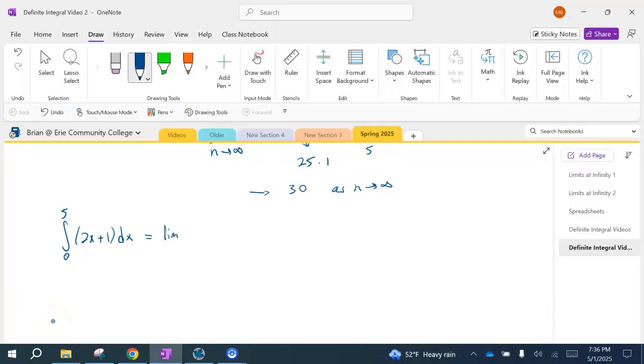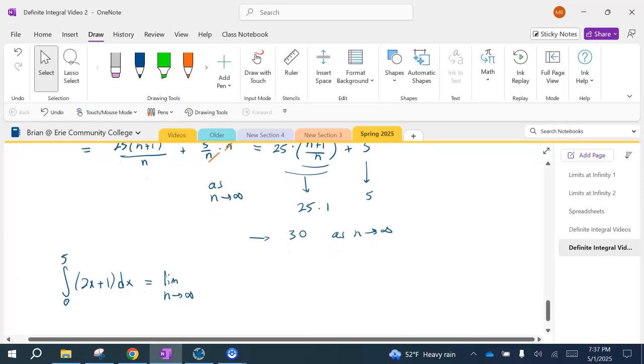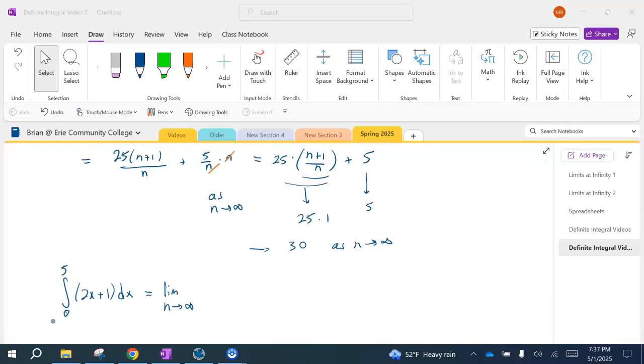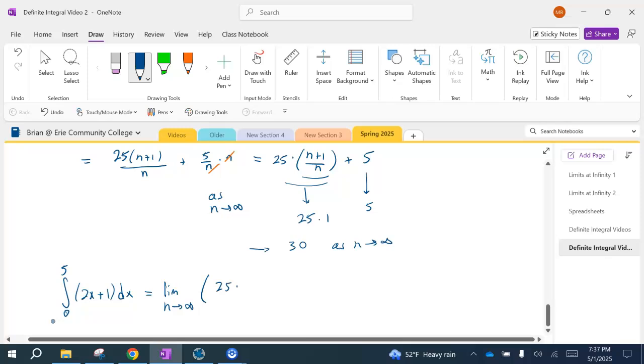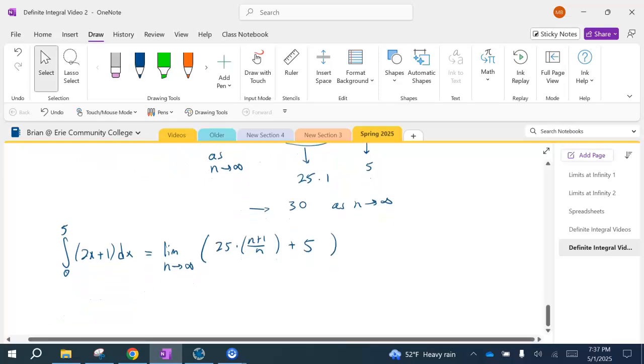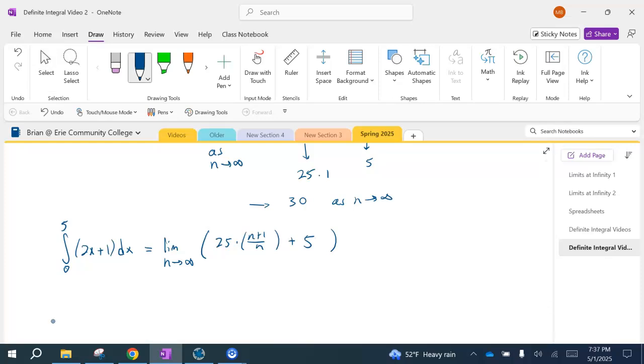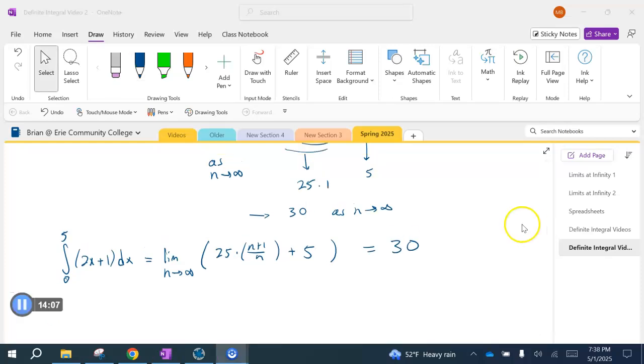So again, that's going to be the limit as n goes to infinity of our Riemann sum. We wrote out our Riemann sum and did all of the work, and that simplified down to this expression that we had here, 25 times n plus 1 over n plus 5. So that definite integral is equal to that limit as n approaches infinity, and we can confidently say that that is going to therefore equal 30.